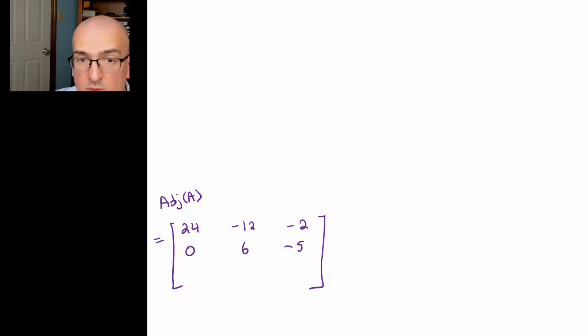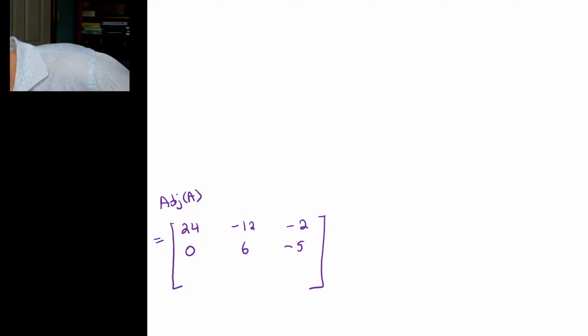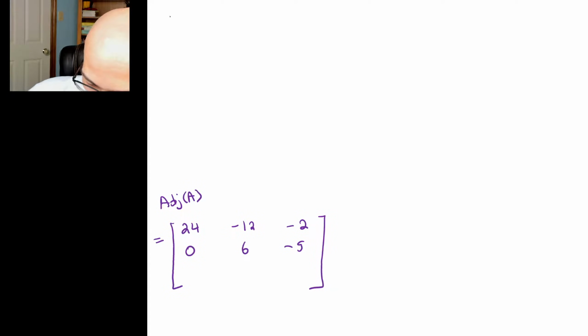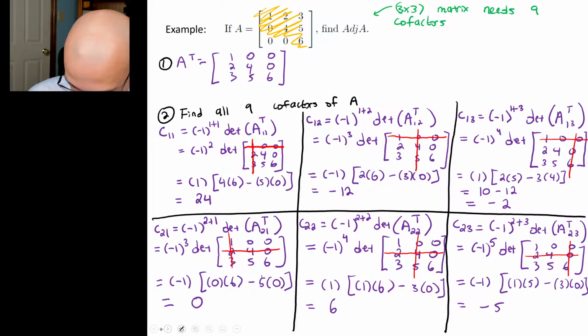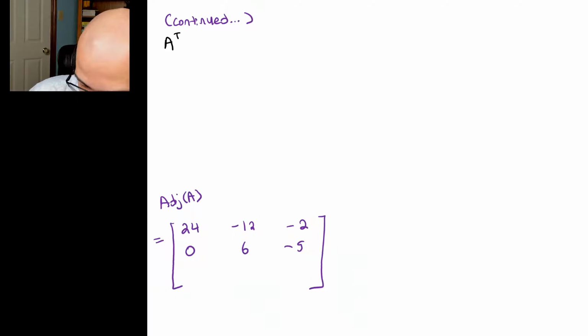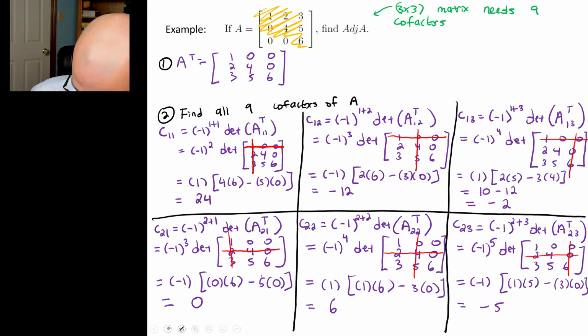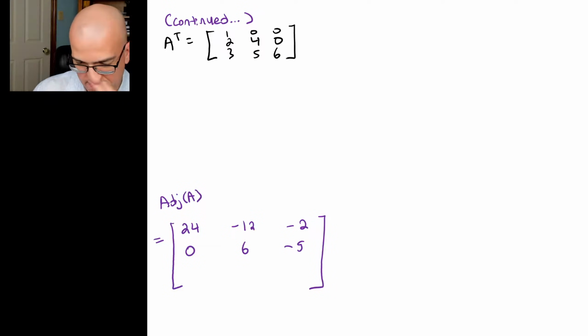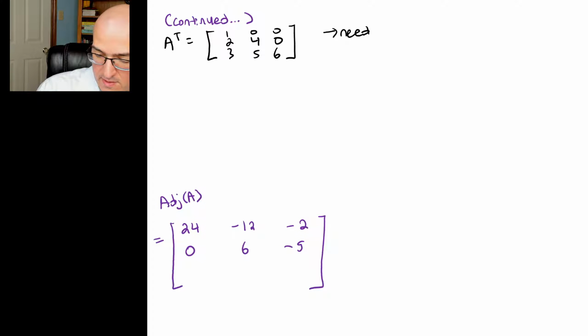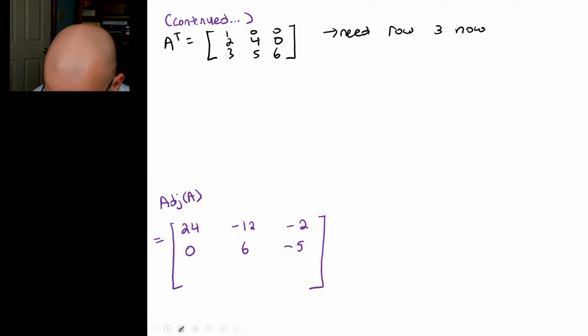And now we need the third row. So this is just continued from the last. So we had A transposed 1, 0, 0, 2, 4, 0, 3, 5, 6. So now we need the third row.